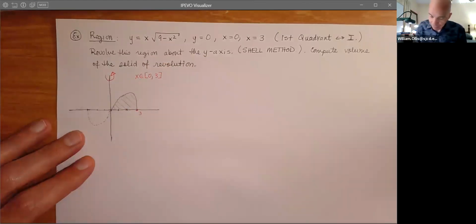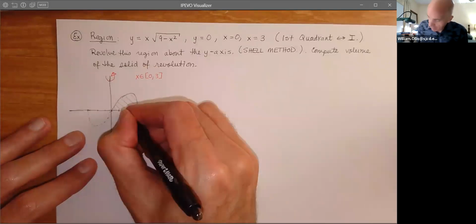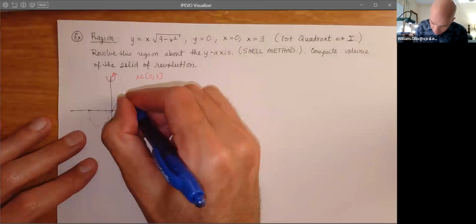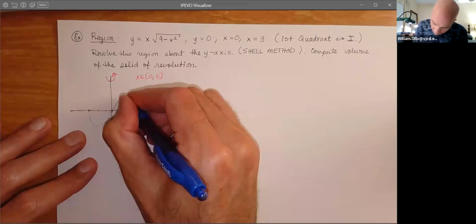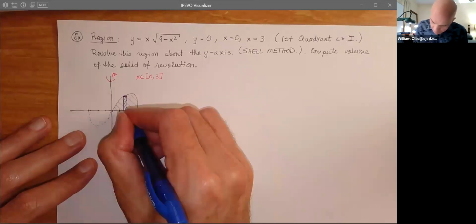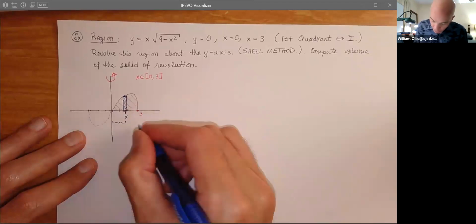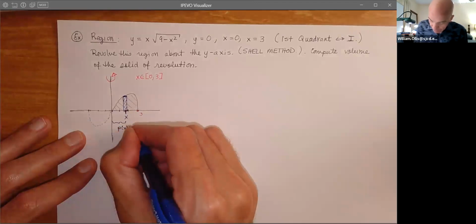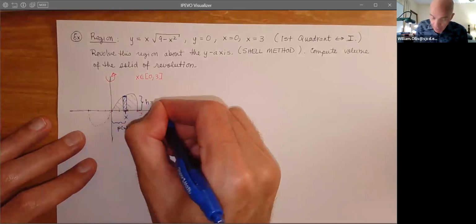And then, if you like, just pick an x. Here's a given x. So the distance to the axis of revolution, we would use a little p, is just x. And then, of course, the height of the strip is just the function.